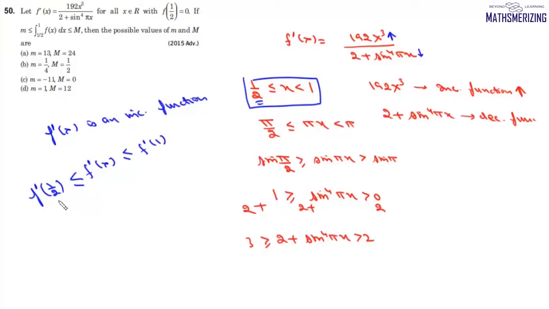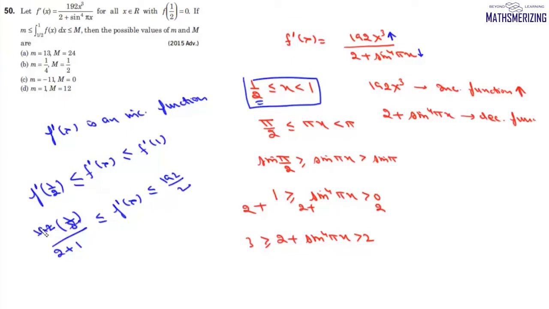Now what is f dash 1 by 2? F dash 1 by 2 will be 192 into 1 by 8 upon 2 plus sine pi by 2, and sine pi by 2 is 1. So f dash x will be greater than or equal to f dash 1 by 2, and less than or equal to f dash 1, and f dash 1 in this case will be 192 by 2.